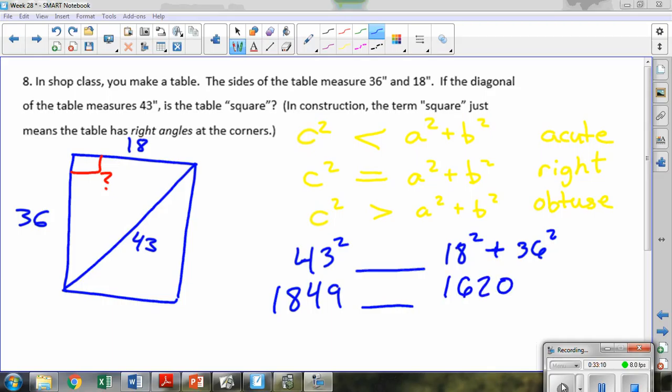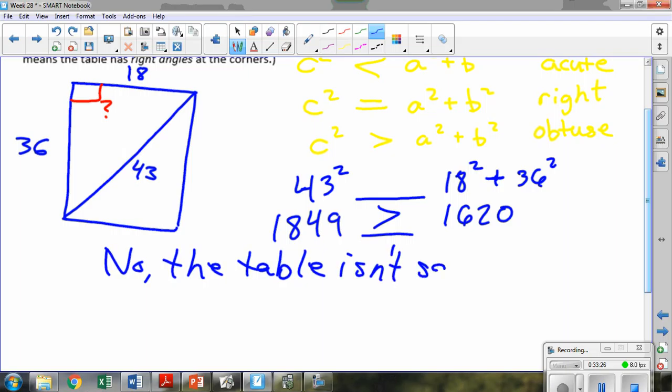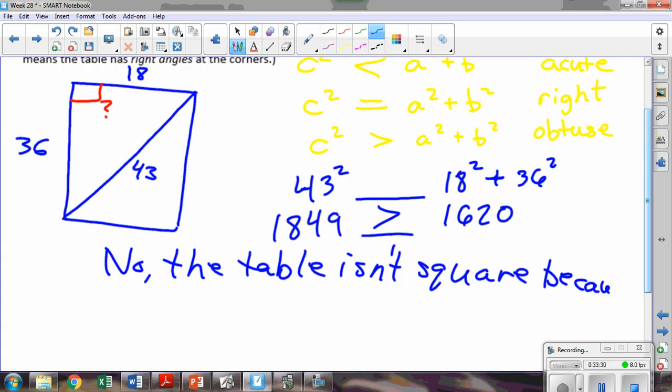So let's compare them now. 1849 is greater than 1620, so to write it up, no, the table isn't square, because a corner is an obtuse angle.